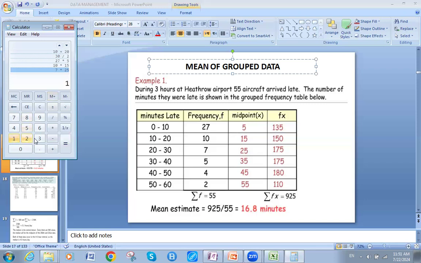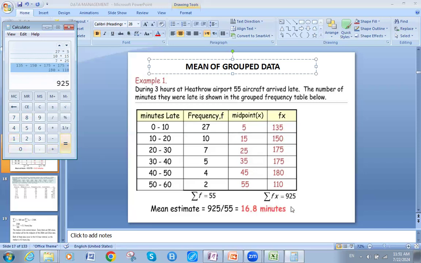So the fx is 135, sorry about that, I didn't add, plus 150, plus 175, plus 175 again, plus 180, plus 110.